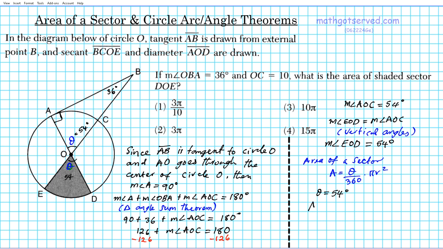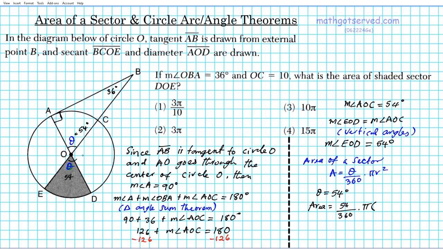So our area is going to be 54 divided by 360. That's the fraction of the circle that this particular area occupies, and then multiply that by the area of the circle, pi times the radius OC squared.